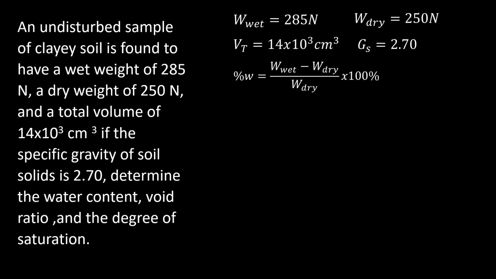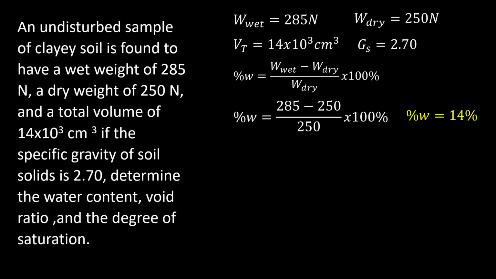Since we already have the given for the wet weight and the dry weight. Now, our water content is equal to 285 minus 250 all over 250 times 100%. And then, of course, our final answer for our water content is 14%.